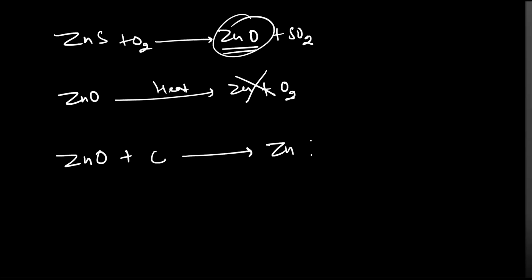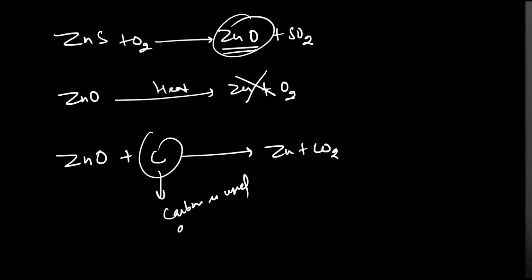It will give you Zn plus CO2. So here carbon is used as a reducing agent. You understood? Here you need to go to the market and bring the carbon.